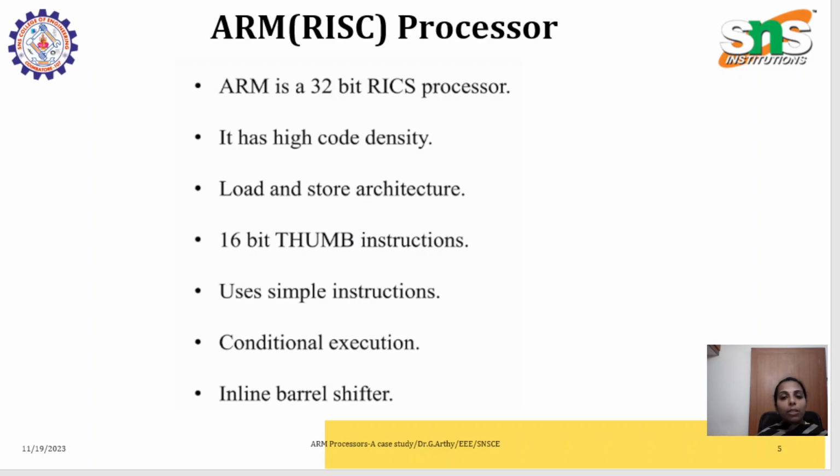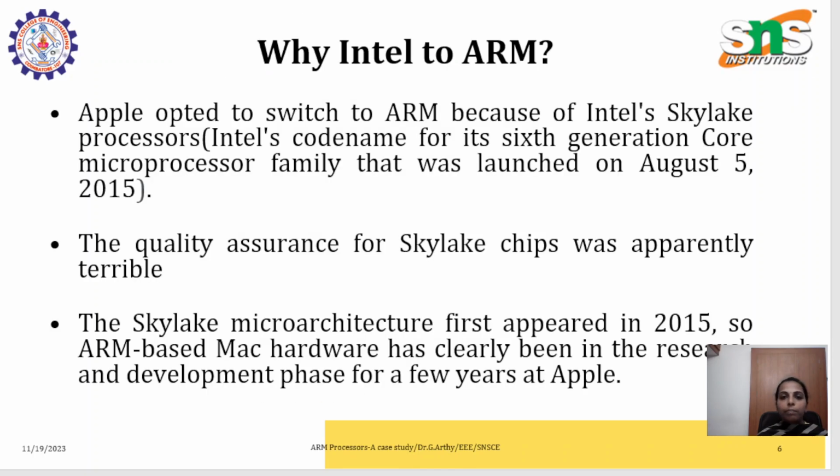It has Thumb instructions: though ARM has a 32-bit processor, it can use 16-bit instructions too under Thumb instructions. It uses a simple instruction set. Conditional executions are available. Then an inline barrel shifter is available along with a multiply unit, that is MAC, which is a special feature of ARM, which again helps to improve the performance of the system.